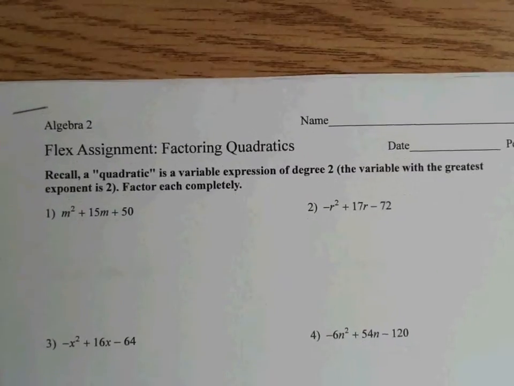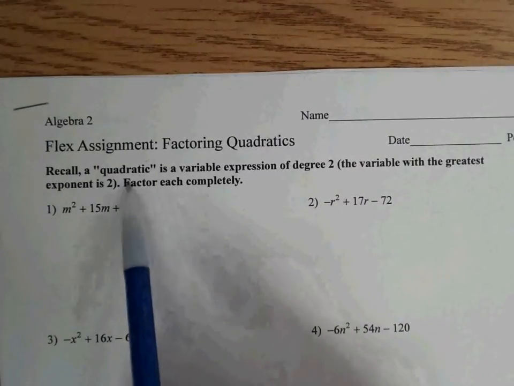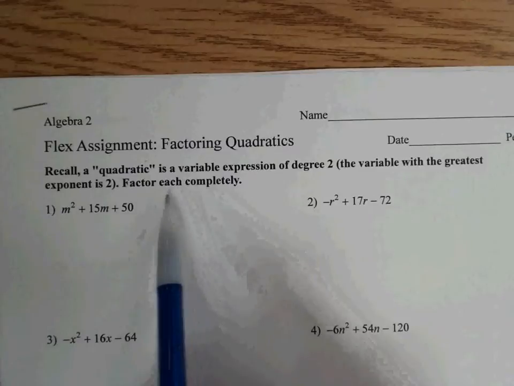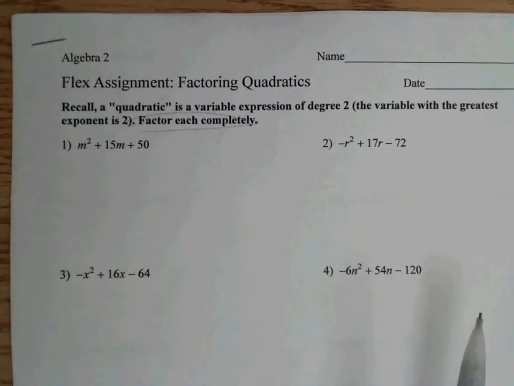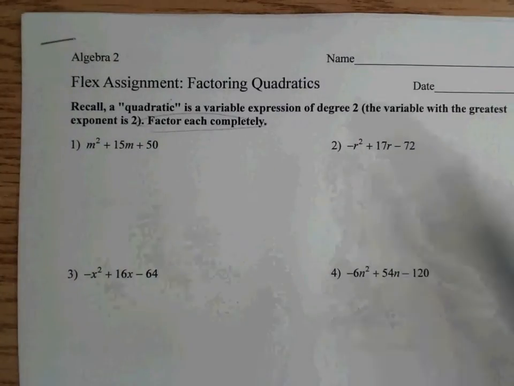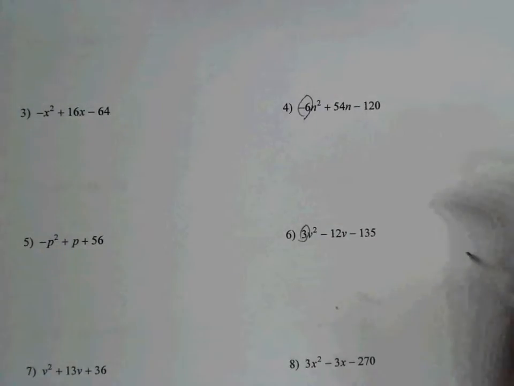So your last flex assignment was factoring quadratics, and in these types of problems you had to factor completely, and the thing that kept our a value from being 1 happened to be a common factor throughout the expression.